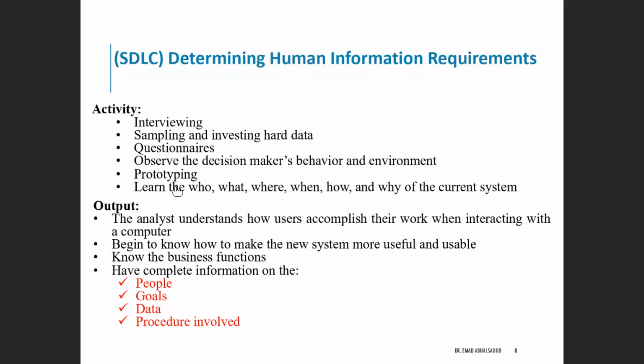The meaning of all the WH questions here is that you find all the details related to your current system. Every small detail will help in the following steps. The output of this step of determining the human information requirements is to have complete information about the people, about the goals, about the data, about the procedures involved.